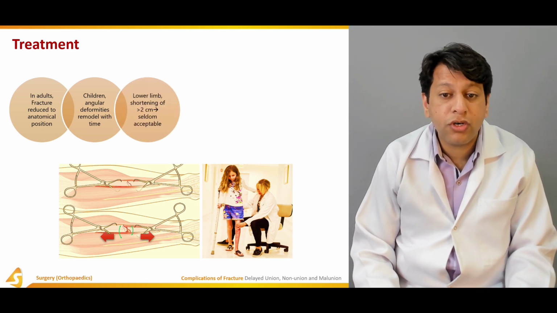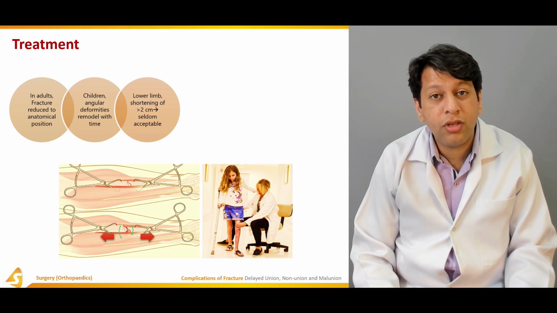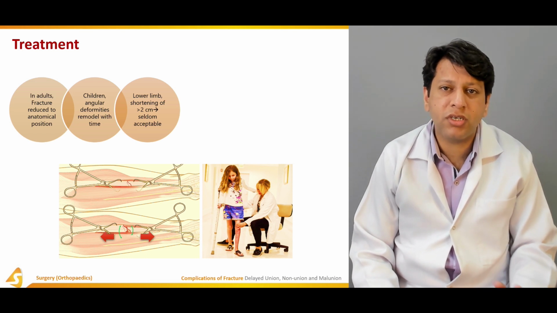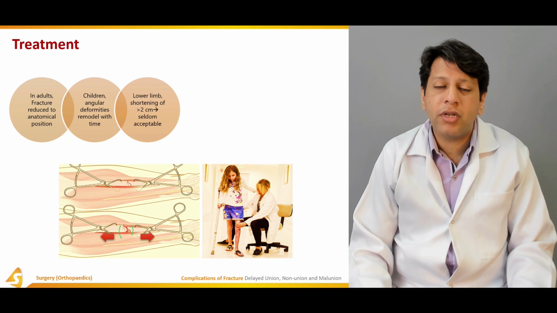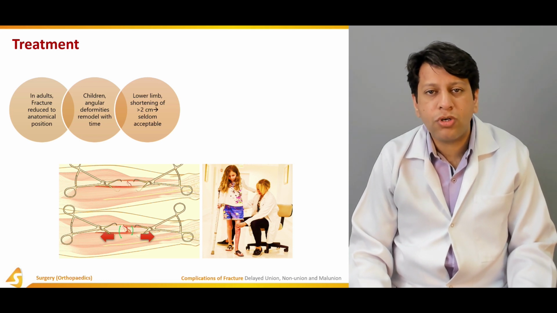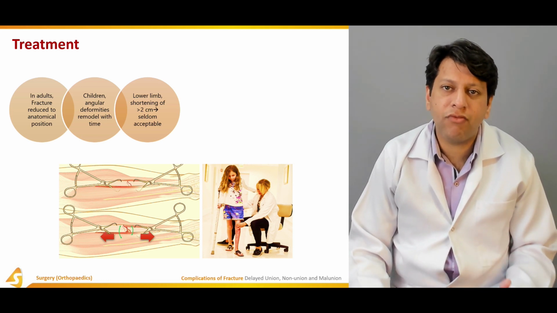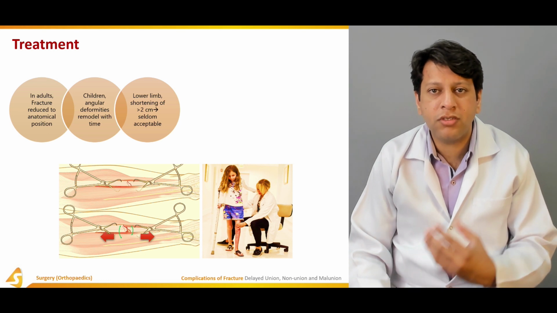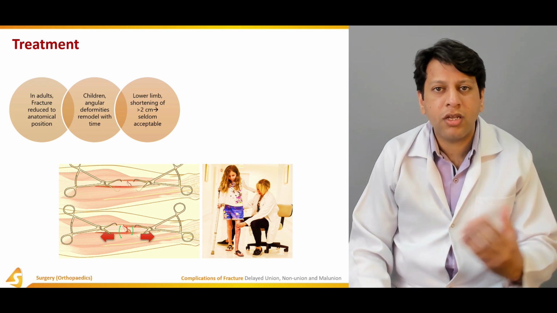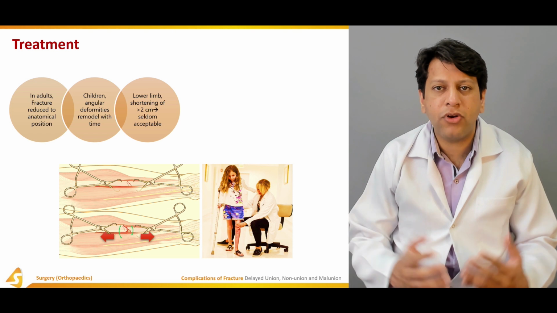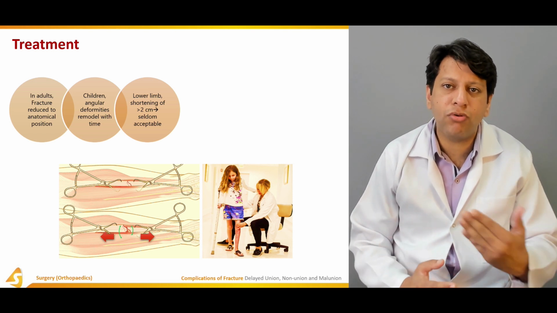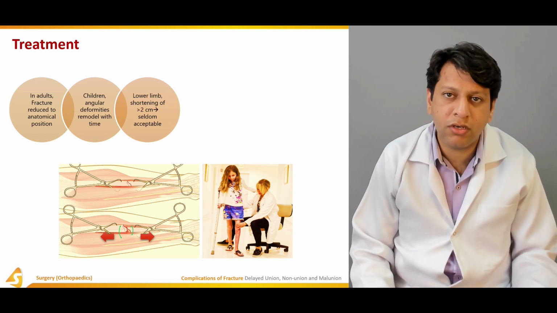In the lower limb, shortening usually can occur, and up to 2 centimeters can be tolerated. But anything beyond 2 centimeters is usually not tolerated and needs surgery, either in the form of contralateral epiphysiodesis, contralateral shortening, or ipsilateral lengthening. Then it depends whether it's less than 2 centimeters, 2 to 5 centimeters, or more than 5 centimeters of shortening.